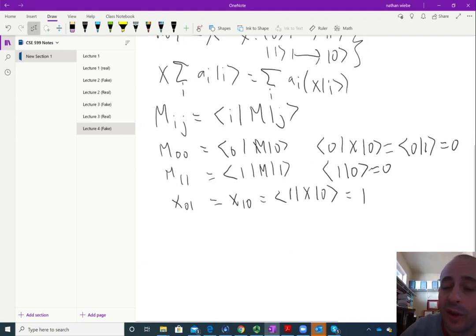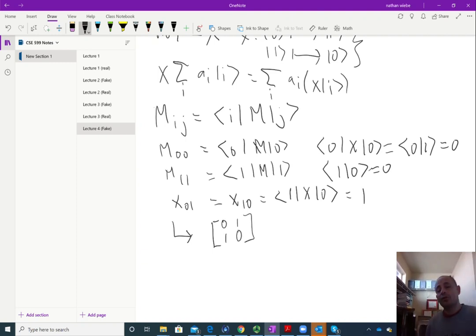Therefore, the matrix representation for NOT in the computational basis is 0, 1, 1, 0. All right, so that's how you can figure out its representation in the computational basis.